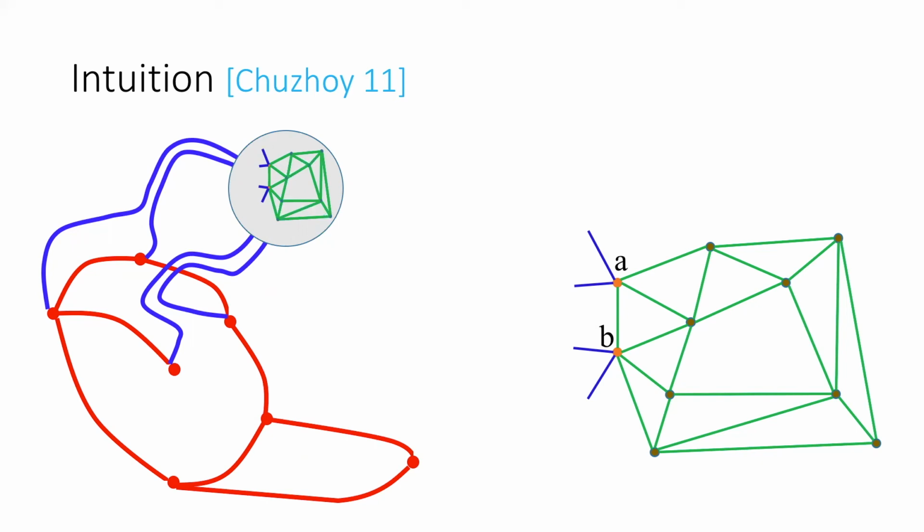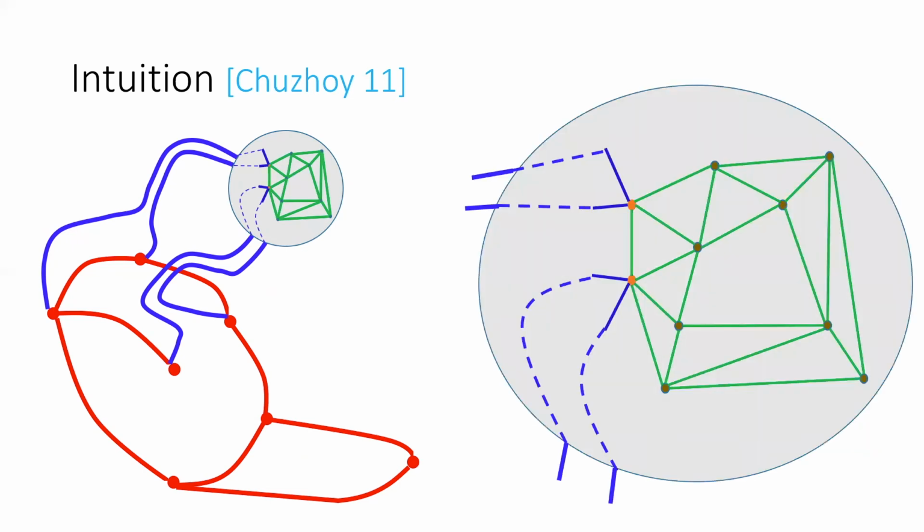And finally, we reconnect these blue curves to the boundary vertices A and B inside the disk like this. So this is what happens inside the disk if we take a closer look at it. So this completes an iteration of processing the green cluster of the graph G minus E double prime.